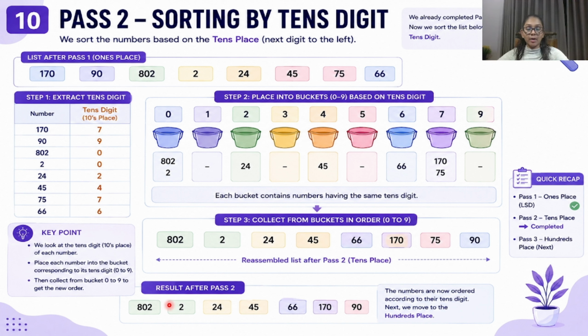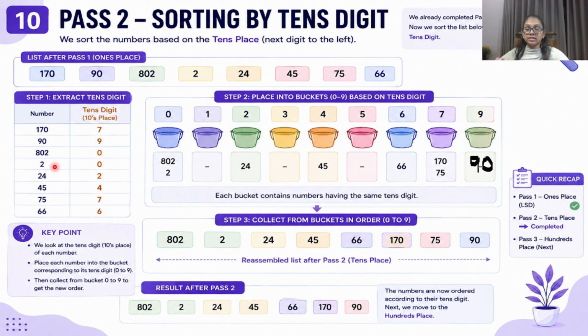Let's process them one at a time. 170 has a tens digit of 7, so it goes into bucket 7. 90 has a tens digit of 9, so it goes into bucket 9. 802 has a tens digit of 0, so it goes into bucket 0. Now we have number 2. We are treating 2 as 002, therefore its tens digit is 0. So 2 goes into bucket 0 as well. Next, 24. Its tens digit is 2, so it goes into bucket 2.